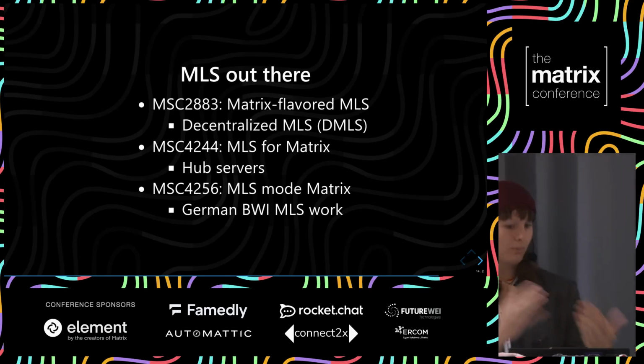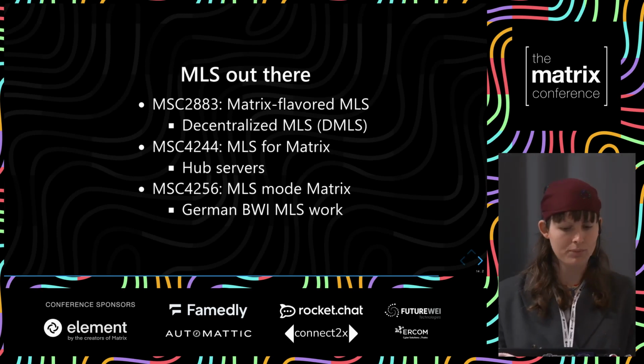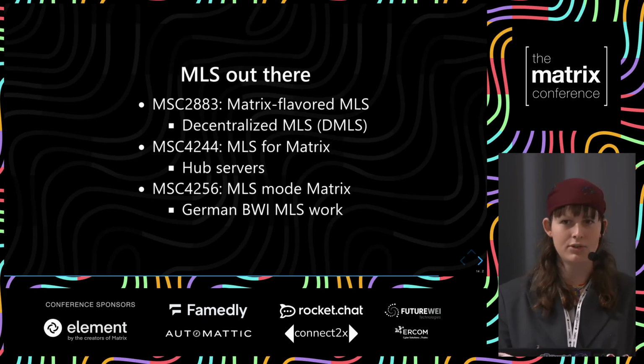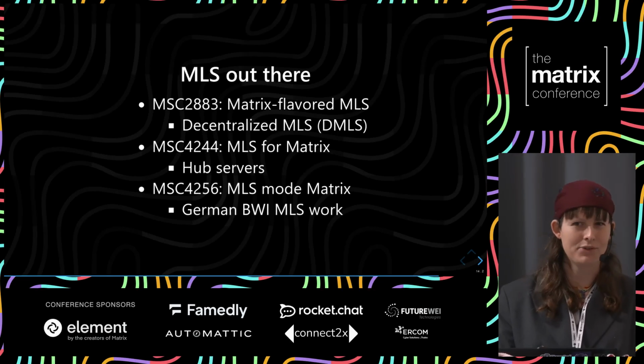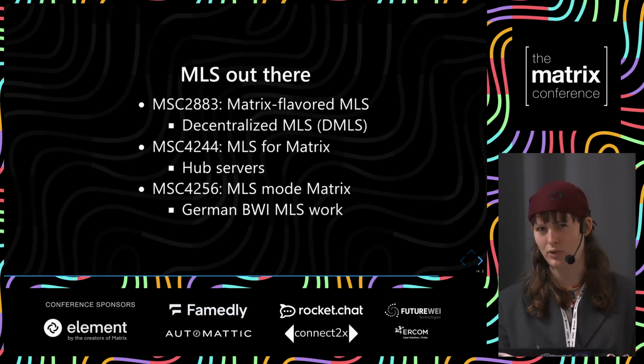There was a dedicated fork of MLS published, but the people from MLS, the IETF, did not really like the idea of changing MLS just because Matrix is federated.